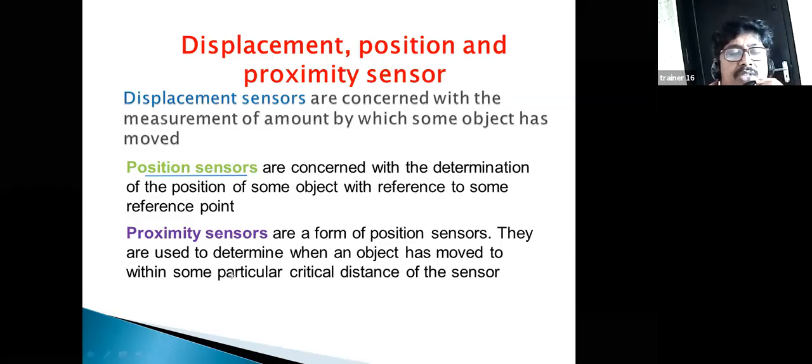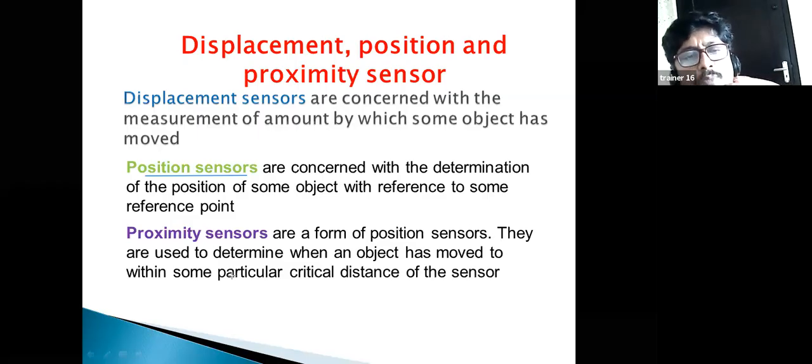Then proximity sensors, for example, are our on and off switches. When I have to switch on the light or the fan and I touch the switch, it moves some particular distance only, and whenever I push the button with some force, the button moves some distance and contacts another one, thereby the light glows or the fan revolves.